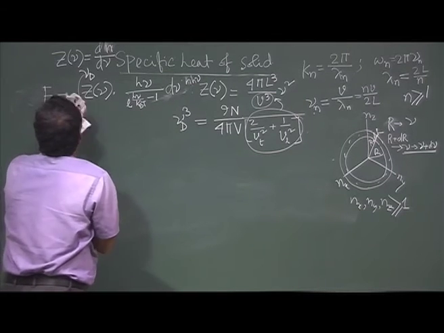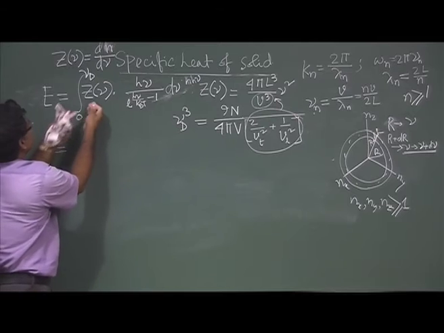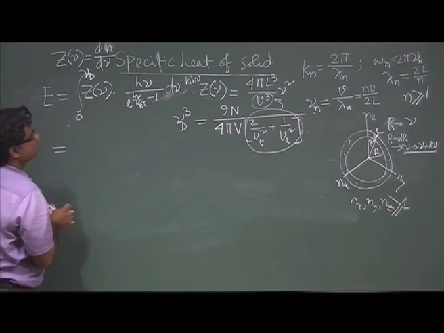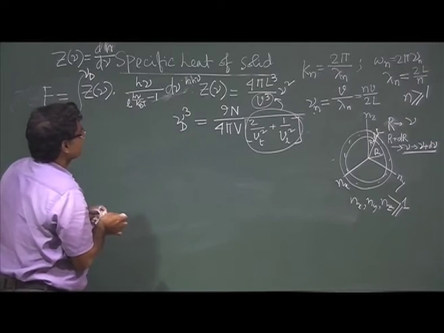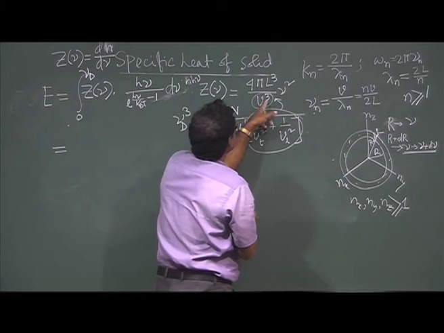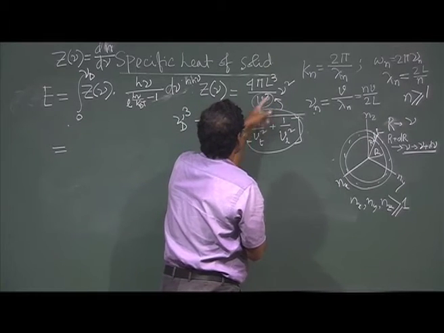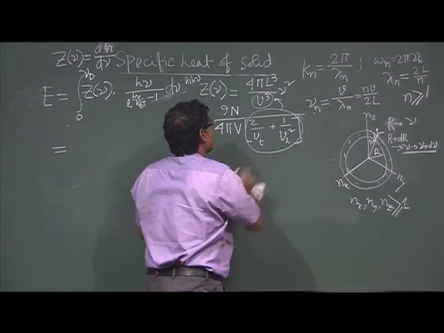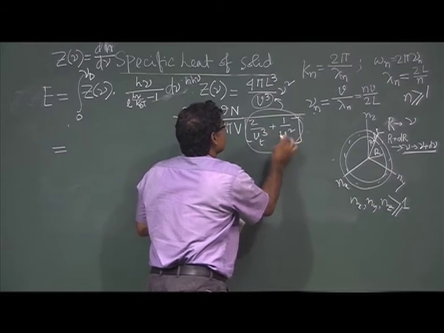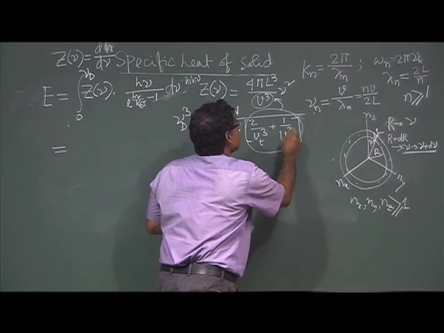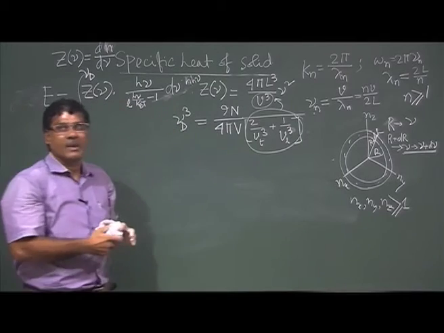So you replace E equal to this. Here I again made a mistake, it is V cube. So this is not V square, this will be V cube.